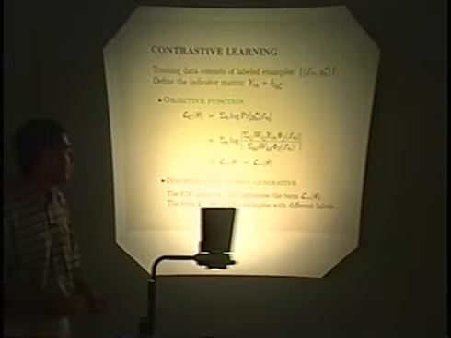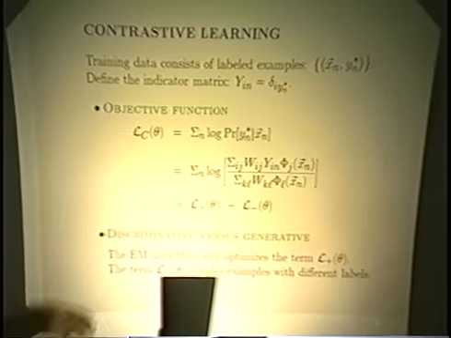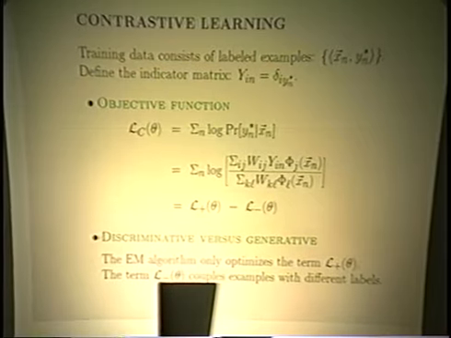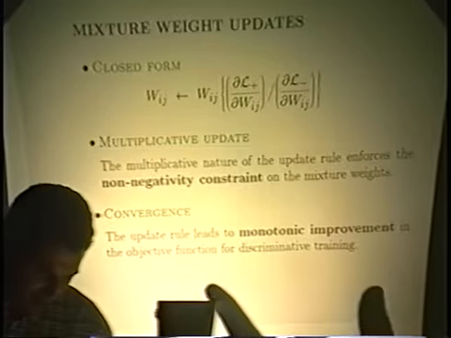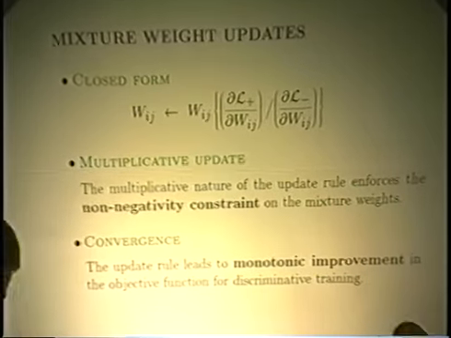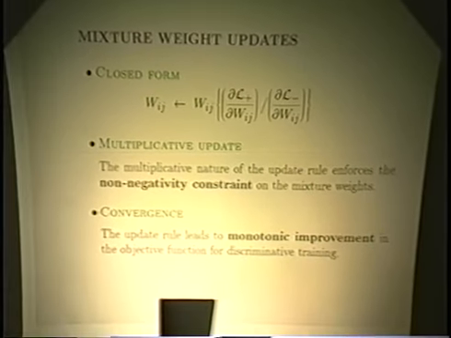Okay. So there are two sets of parameters that we need to optimize: the mixture weights, and the basis functions. Let me first start with the mixture weights, because this is really the cleanest result that came out of our work, which is that there's an extremely simple mixture weight update rule that has the following form.